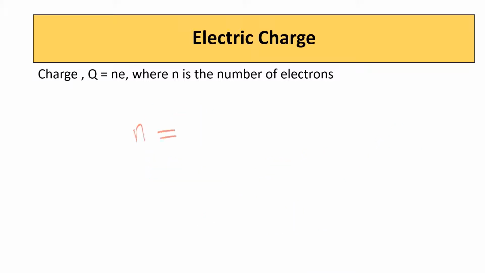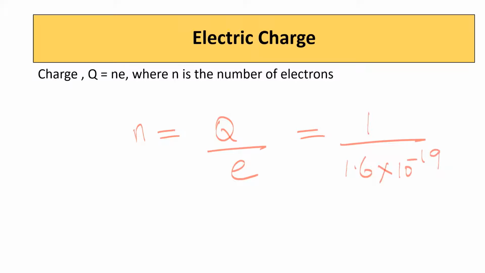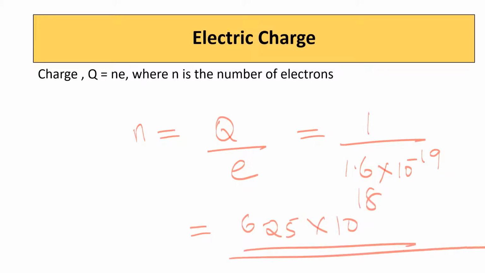N is equal to Q by e, where Q is equal to 1 and e is equal to 1.6 into 10 raised to minus 19. This is equal to 6.25 into 10 raised to 18 electrons. The number of electrons for 1 coulomb of charge is 6.25 into 10 raised to 18.